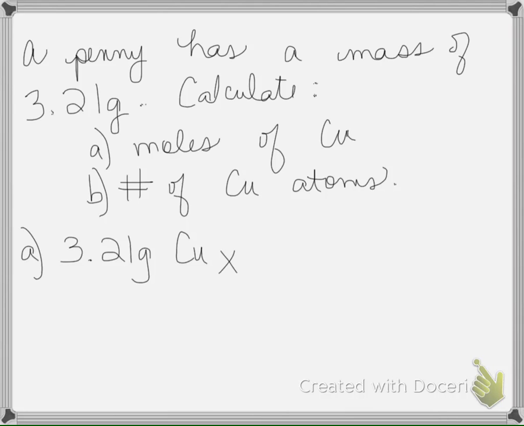The first thing we're looking for in A is how many moles of copper that is. So do you guys see that I'm going to put moles of copper on the top of this conversion? And what's going to go on the bottom? Grams of copper. Now this is a conversion, so how do I make moles of copper and grams of copper equal to each other?